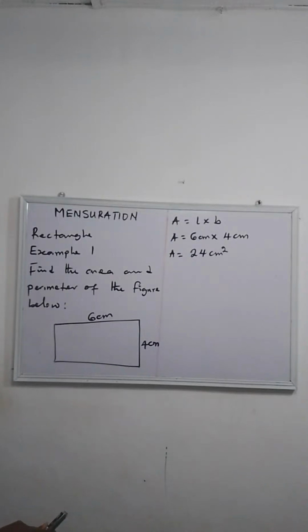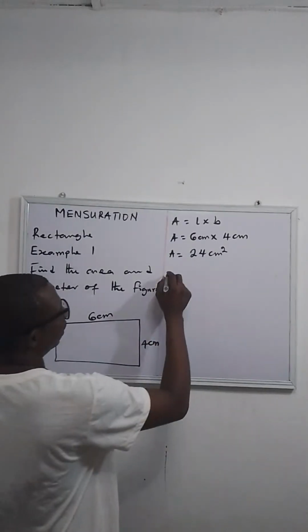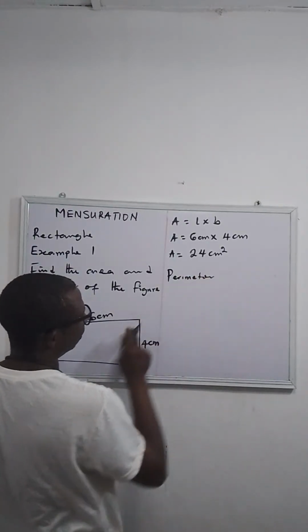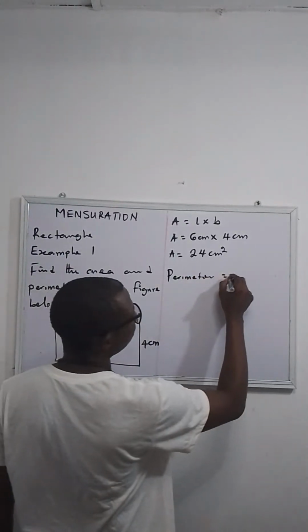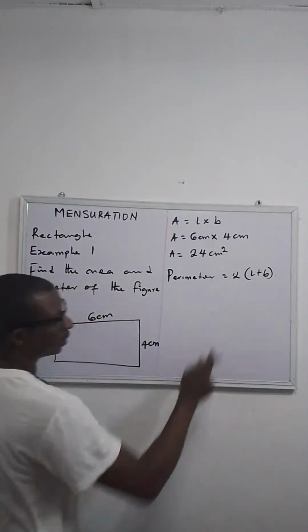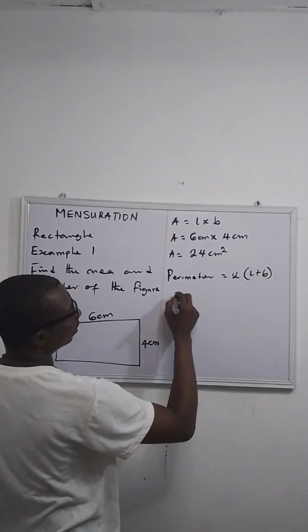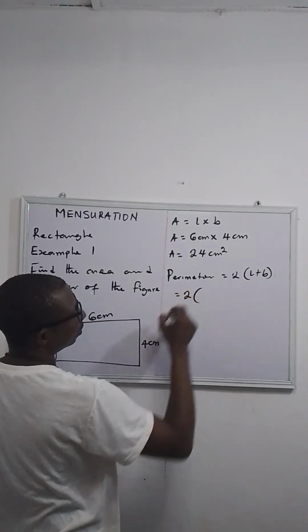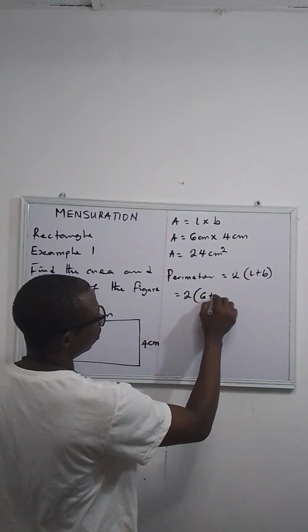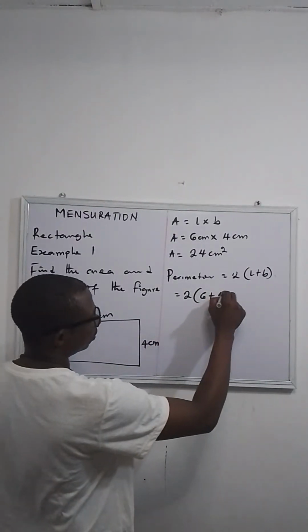Now, what of the perimeter? Don't forget, the formula for finding the perimeter of a rectangle is what? 2 open bracket L plus B, that is the length plus the breadth. So that's going to be 2 times, the length is 6, while the breadth is 4.